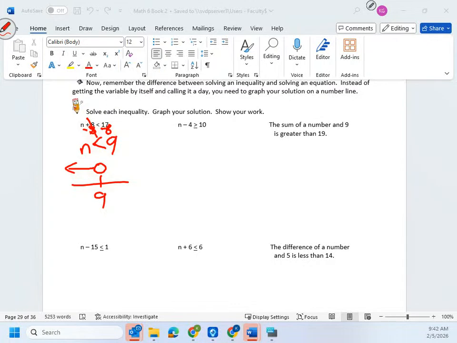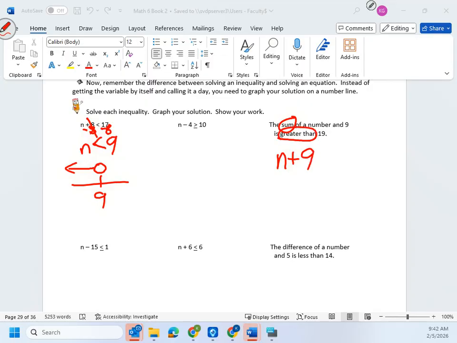There's just a bunch of words. What do I have to do with all of those words, Jack? You gotta turn it into an equation. Yeah, I have to write the inequality statement. We did that 2 objectives ago, right? So remember, we're looking for those verbal phrases. Sum means we're adding. So I know I'm going to be adding a number and 9.